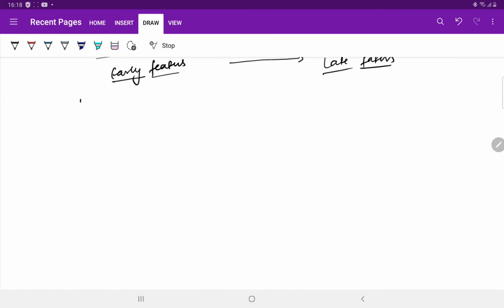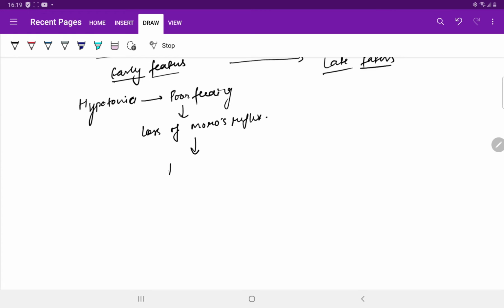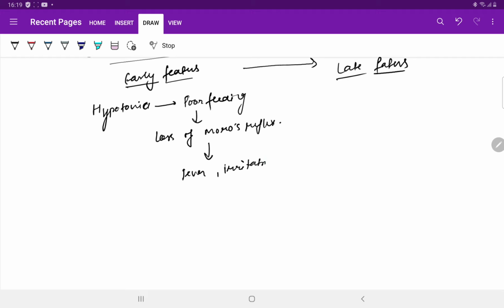The early features that we see: first is hypotonia. The patient starts having poor feeding, and a very important thing to remember is there is loss of Moro reflex, which later on progresses to fever, irritability, and seizures.